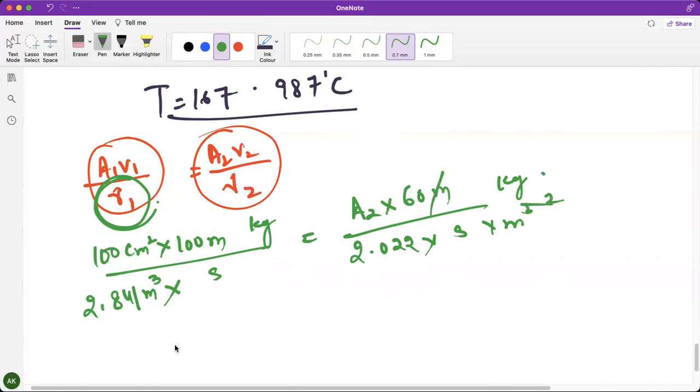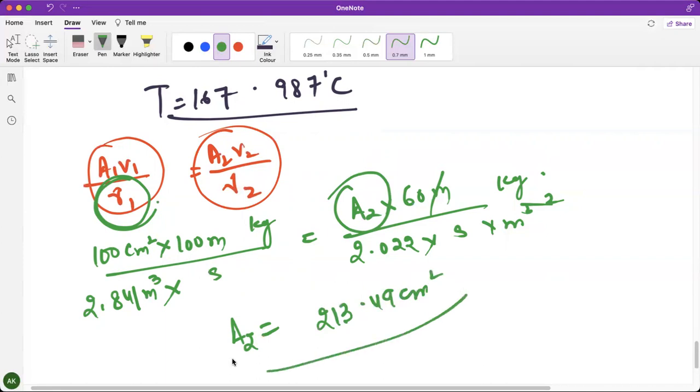So the meters get cancelled out, and we get meter square. We need to convert this into centimeters, or you can leave it like this. The value of A2 on calculation comes out to be 213.49 centimeters square.